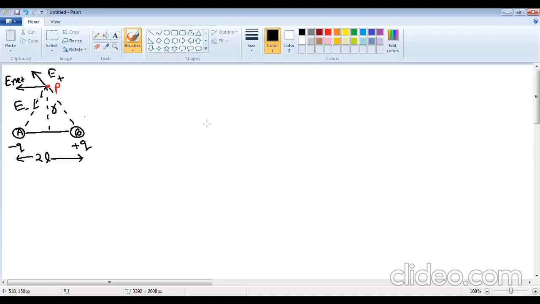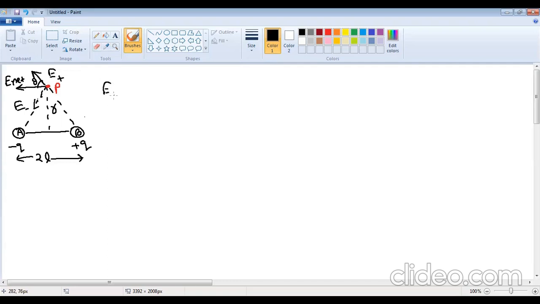So when two vectors are acting at some point, their resultant has to be somewhere in the middle. Where it actually is, we'll find out. We can say that this net resultant may have some direction theta with respect to this E plus. And let us start by writing these respective fields E plus and E minus.